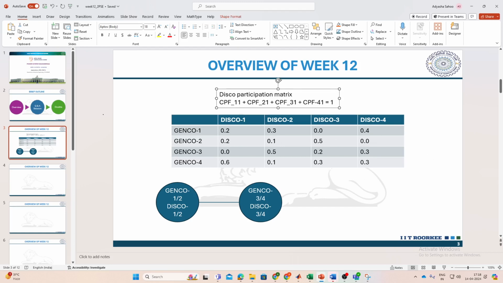And let us take some data. Let the load demand of DISCO 1, 2, 3, 4 be, let's say, 20, 40, 40 and 30 megawatt respectively.